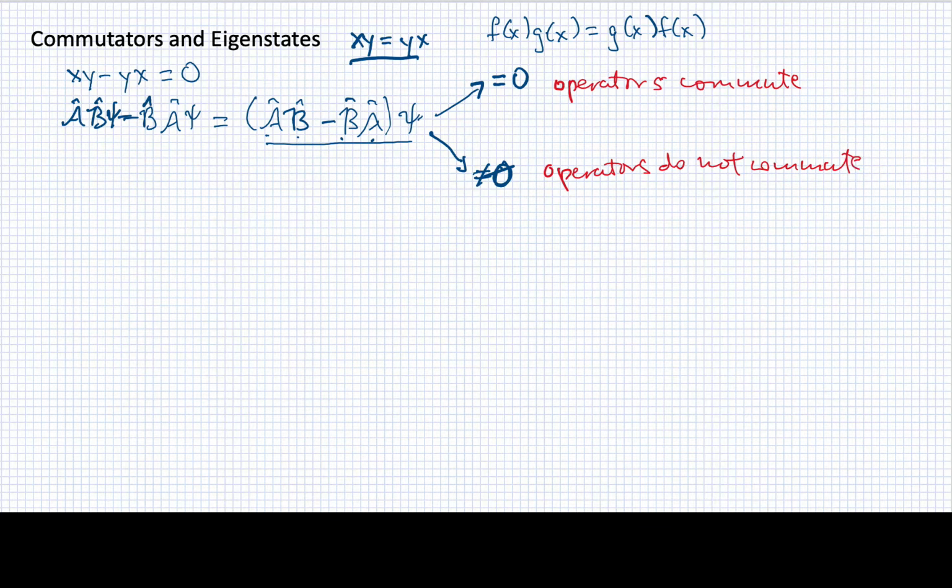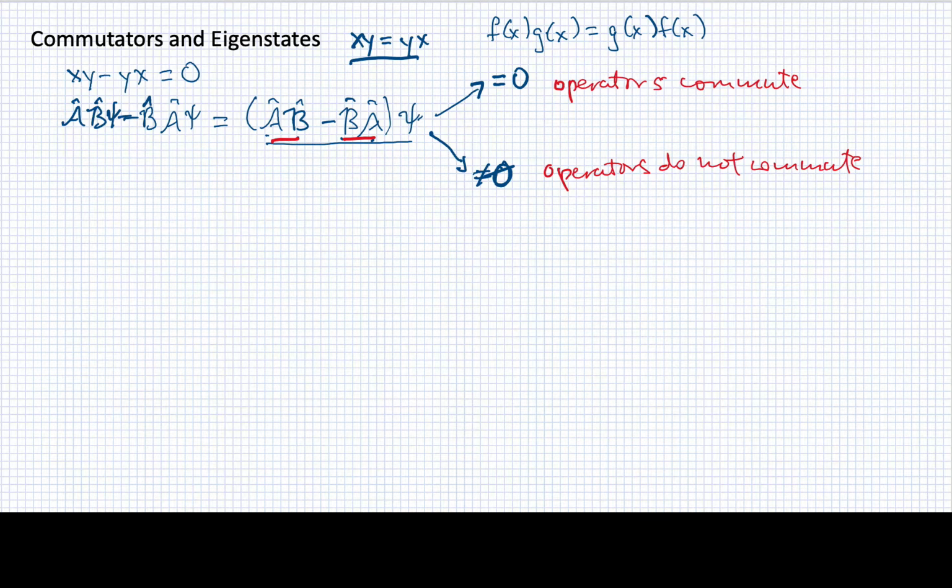Now, at this point, I understand that you're probably a little unsettled by the fact that you would have to pay attention to what order these operators go in, but it turns out there's more importance to this than we think, because the relative commutation properties of two operators has something to say about their eigenfunctions.